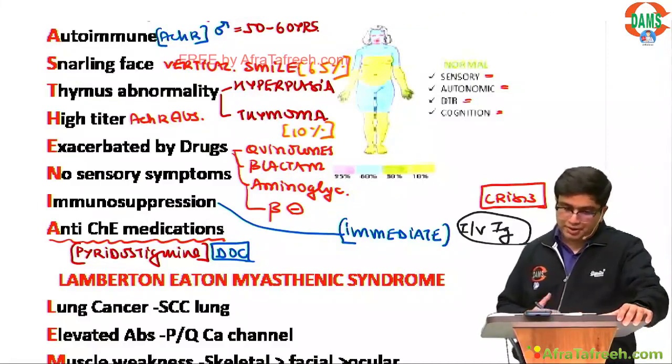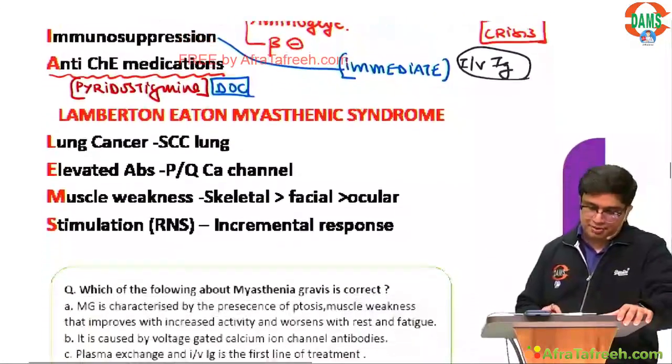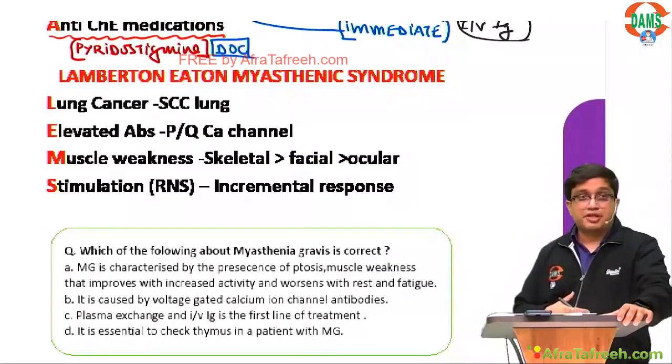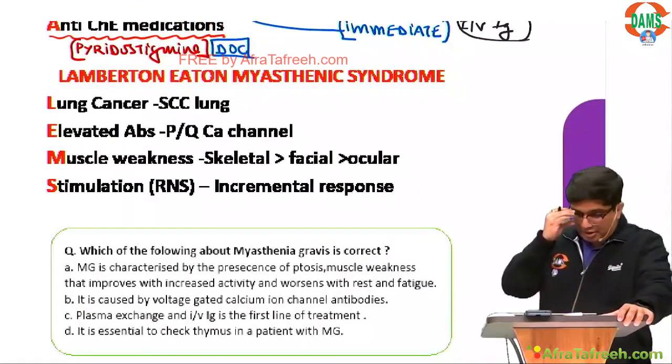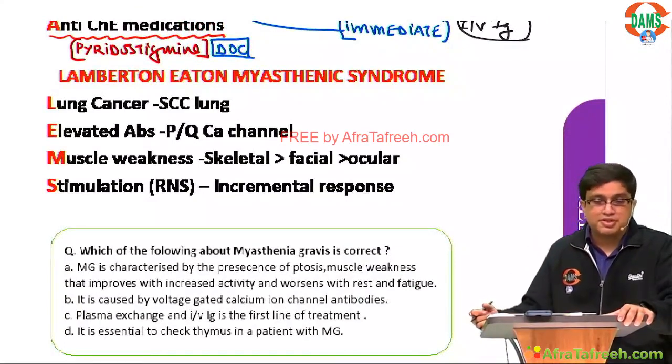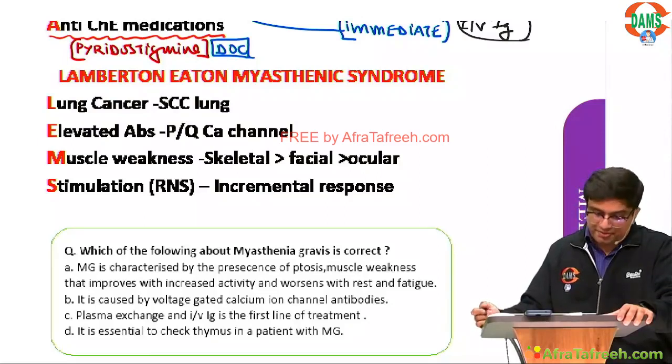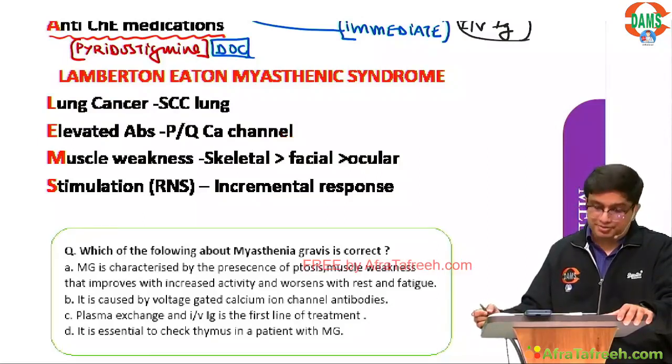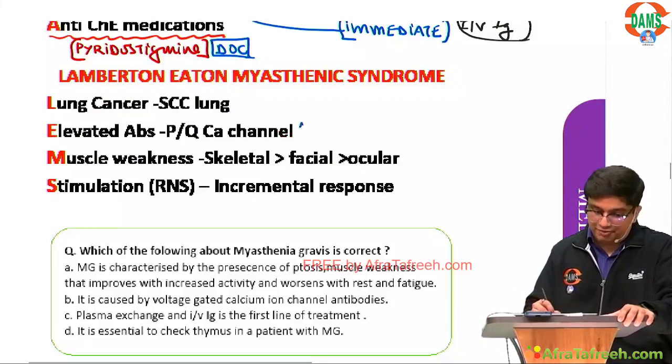Okay. A quick recap about his cousin brother, Lambert-Eaton myasthenic syndrome. It is a kind of paraneoplastic problem in which the basic problem is a lung cancer, the small cell carcinoma of the lung, and they develop an antibody against the P/Q type of calcium channel, which are presynaptic on the nerve terminal.